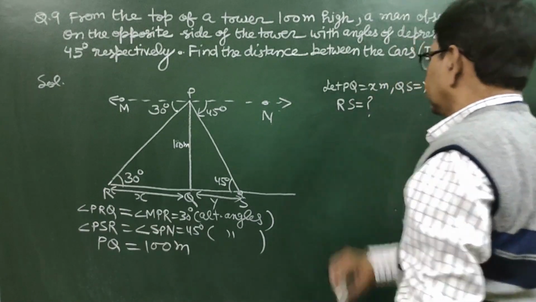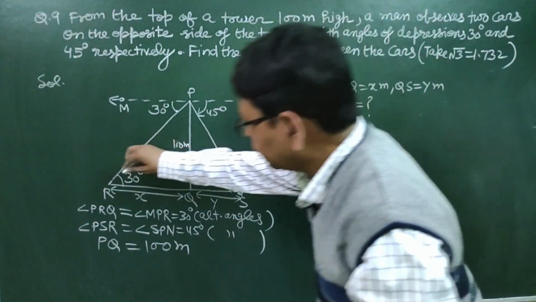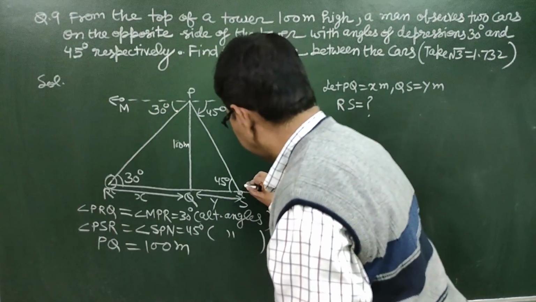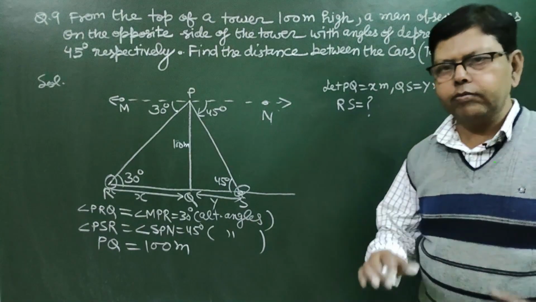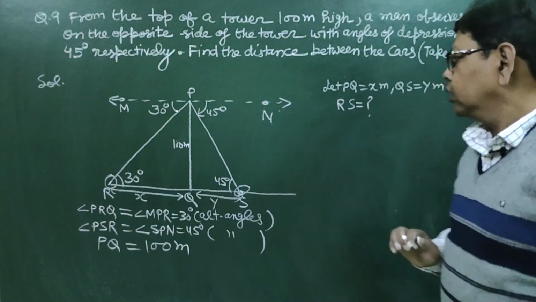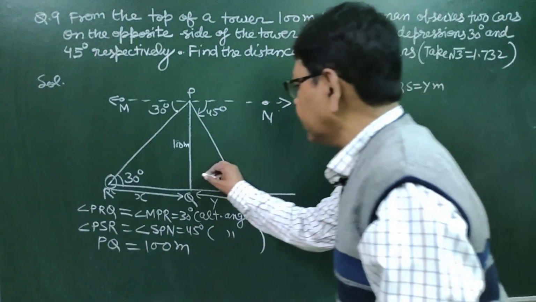We want to calculate, because one car is at the point R and the other car is at the point S when their angle of depressions are observed. Now this angle is 90.